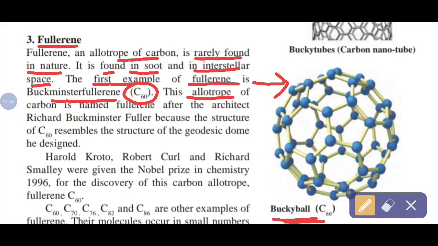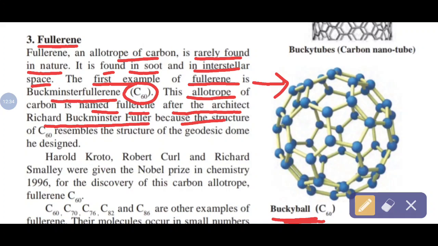This allotrope of carbon is named fullerene after the architect Richard Buckminster Fuller. So the name of this architect is Fuller. He found this allotrope of carbon and that's why gave the name to this buckyball with 60 carbon atoms, and from his surname gave the name fullerene.